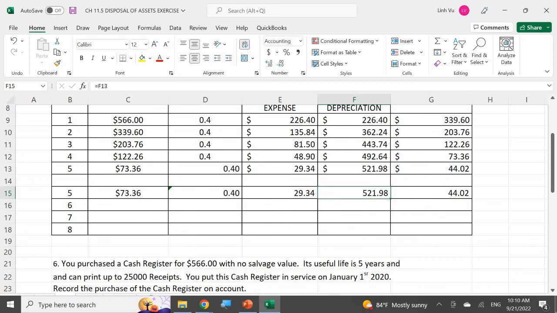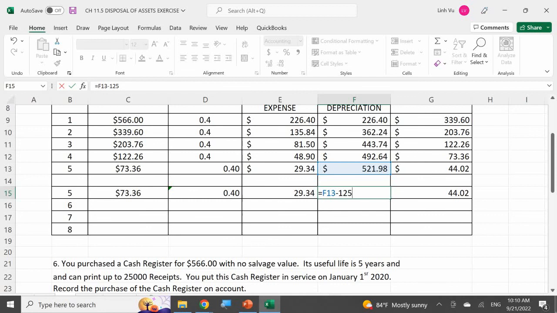It's going to increase. We're reducing the accumulated depreciation. Okay. So in this case, $521.98, and we're going to reduce it by $125.